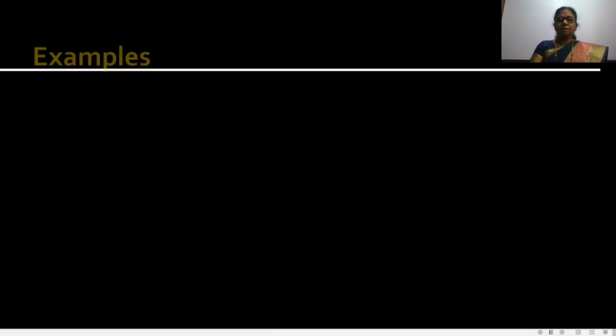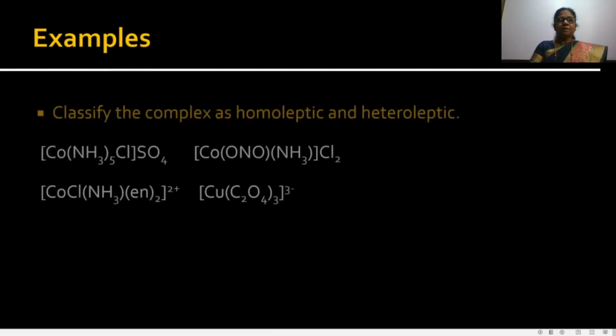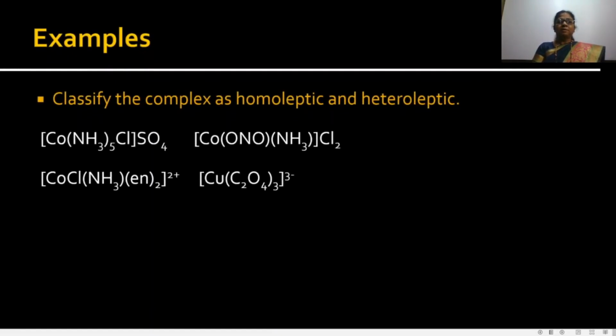Now see the examples. We classify the complexes as homoleptic or heteroleptic. There are some examples given here and we classify them as homoleptic or heteroleptic. In this example, see in this coordination sphere, there are two types of ligands, NH3 and Cl.